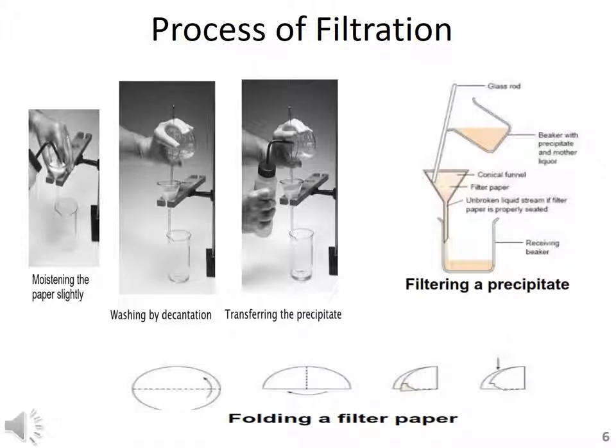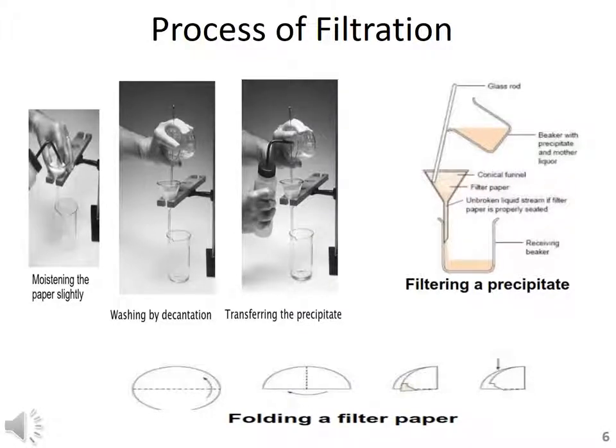This reaction mixture actually contains precipitates and the mother liquor. So in order to separate the mother liquor and the precipitates, we'll use this filter paper and a funnel. You can see here in this image, when you pour your reaction mixture on the funnel containing a filter paper, this filter paper allows only the mother liquor molecules to pass through and stops the precipitates.